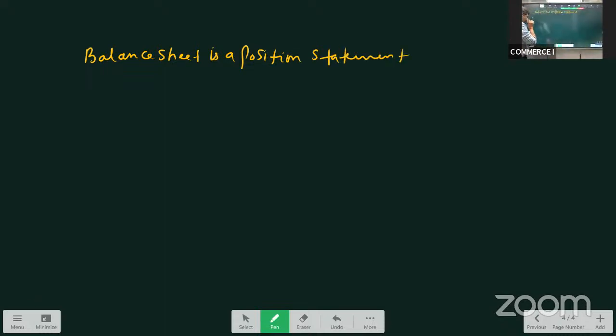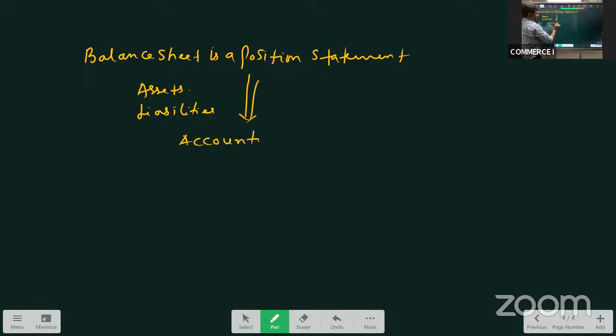Balance sheet is prepared by taking into consideration all the assets and liabilities, and balance sheet is prepared basing on an accounting equation.